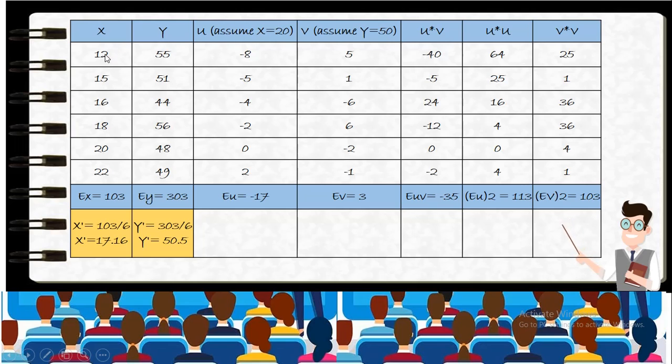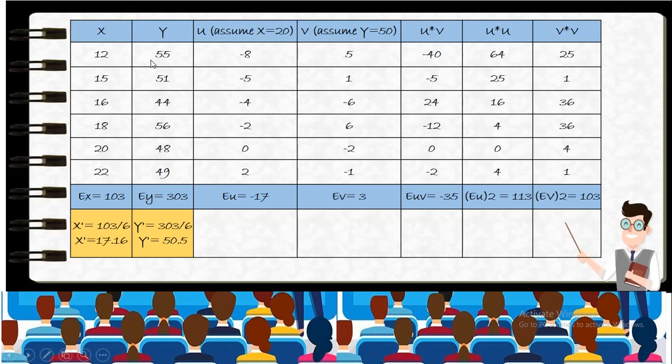Again we do x minus whatever we assumed, which is 20. So 12 minus 20 is minus 8, 15 minus 20 is minus 5, and respectively the total of sigma u is minus 17.